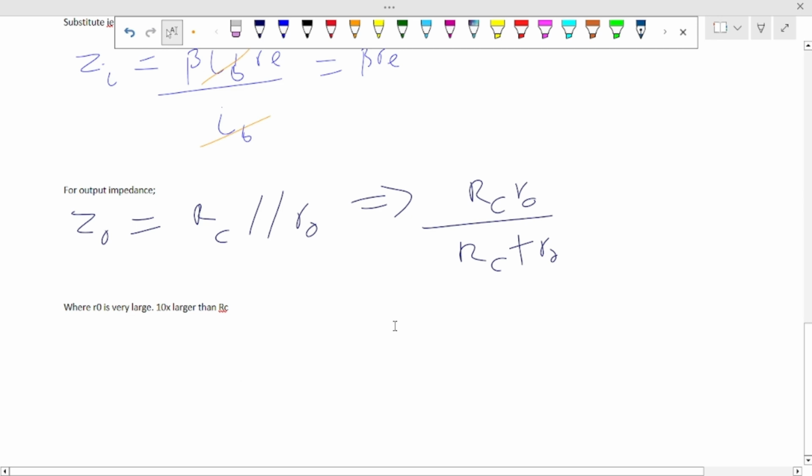Based on the properties of a transistor. So if something is that large and you add another thing to it, the effect will not be there.